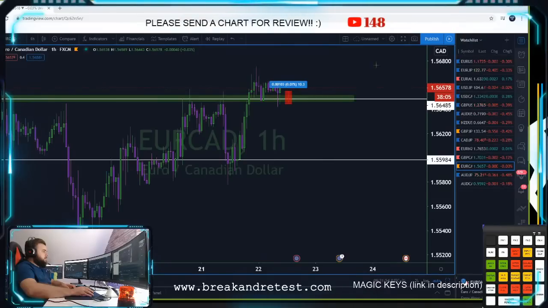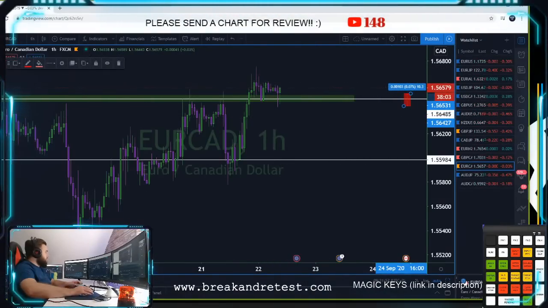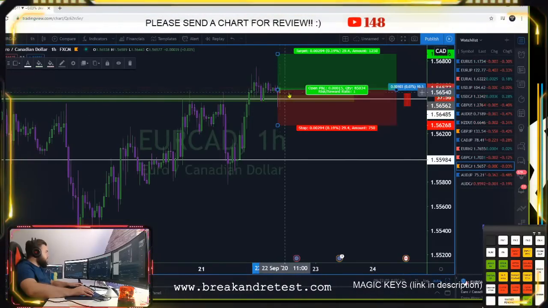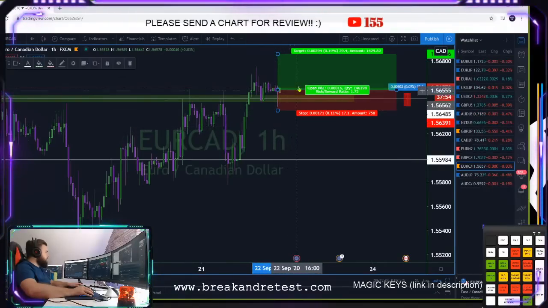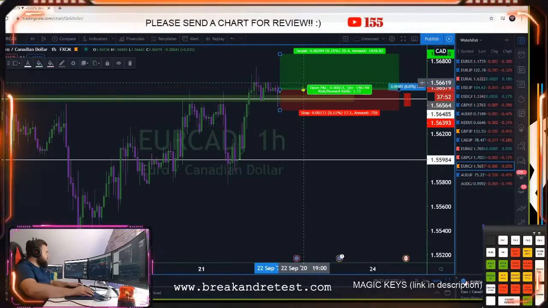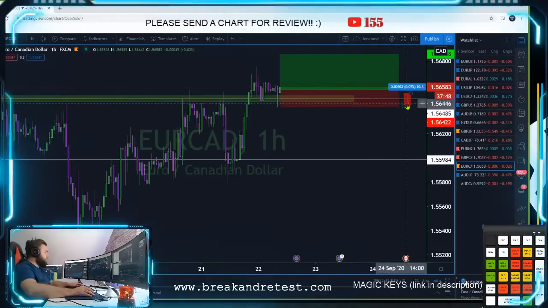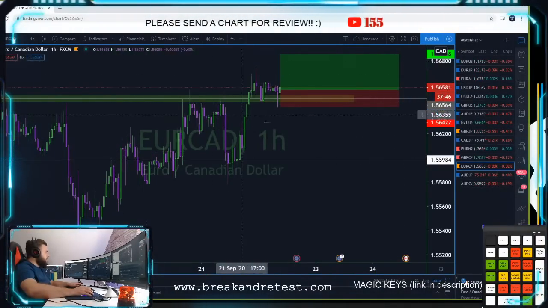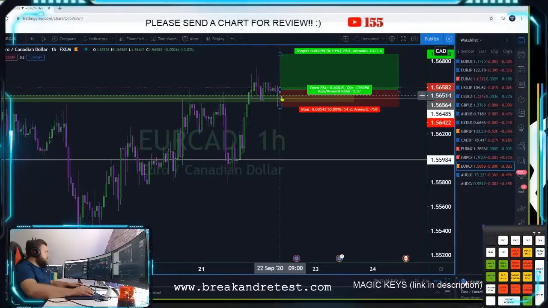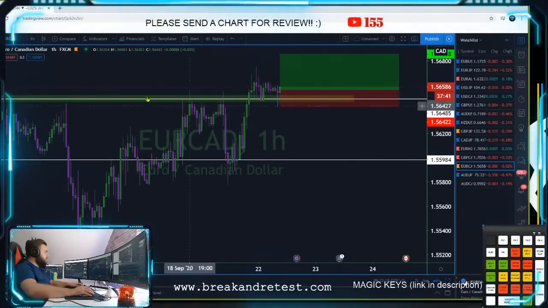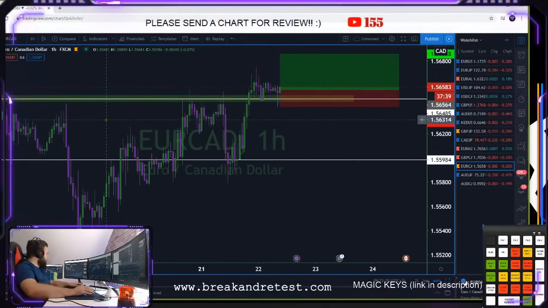So what I'm going to do here is, I did enter a buy here, and I'm putting my stop just below this current wick or candle. And if it does drop once again, I'm going to take another buy.